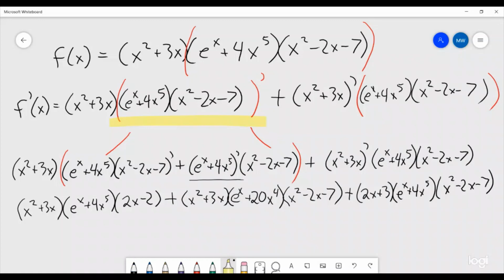So this whole long thing is the derivative of f of x.